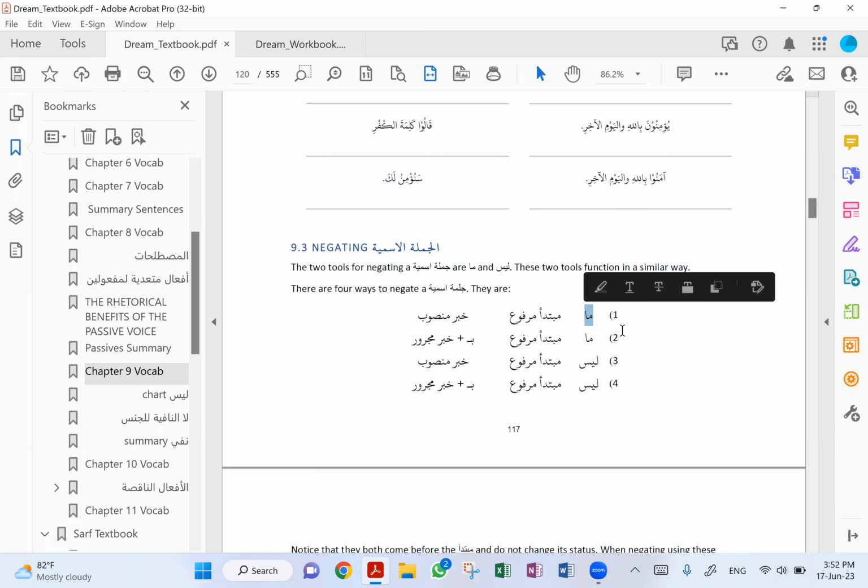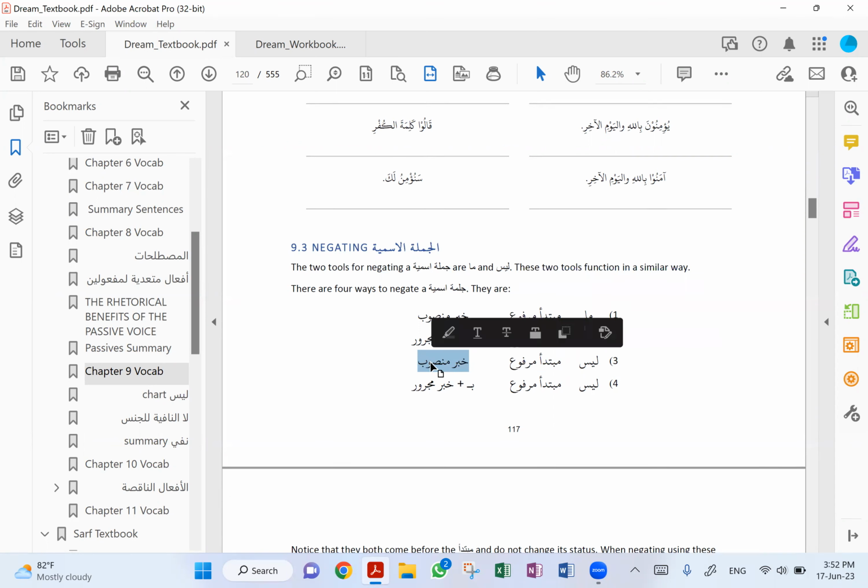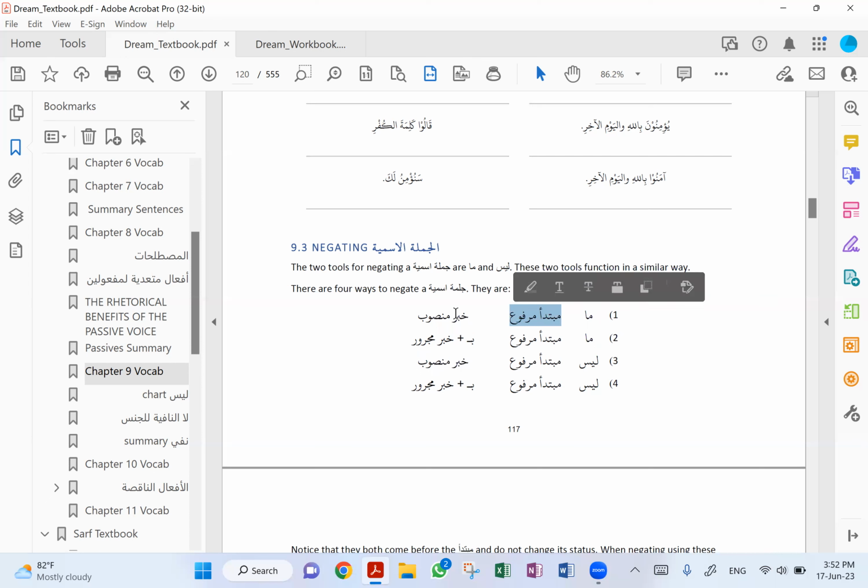So because this ma is trying to copy laysa in its job, it's also going to copy everything that laysa does. So laysa says, what we do here is we make the mubtada marfu' and we make the khabar mansub. Then ma is like, okay, so that's how you do negation. Fine. I'm going to make the mubtada marfu' and I'm going to make the khabar mansub. So when you have ma nafiya, this is what is going to happen.